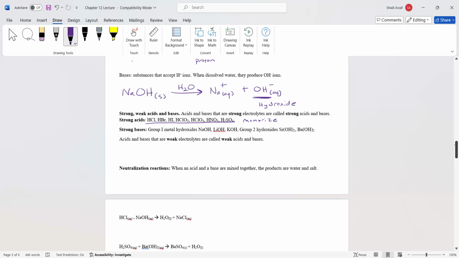So again, acids and bases that are weak electrolytes are weak acids and bases. So this is a strong electrolyte. Therefore, it's a strong acid. 100% dissociation.